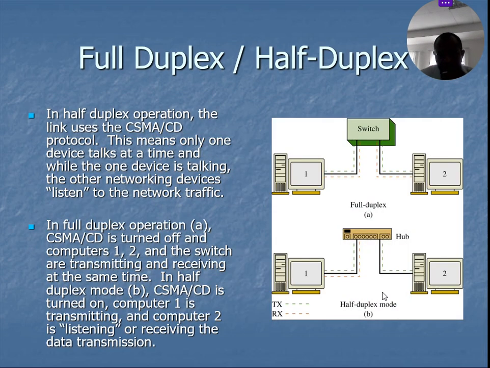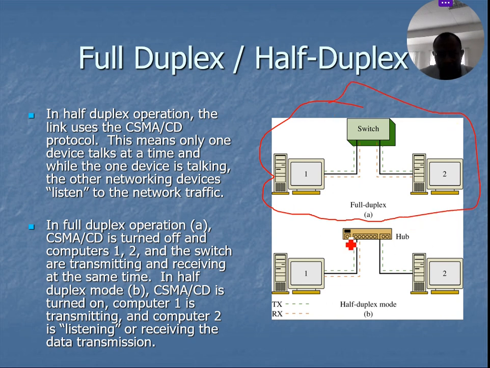Now let's take a look at a diagram to show what we mean by full duplex mode. Here is computer 1, computer 2, and a switch between them. This is for full duplex mode transmission and reception.